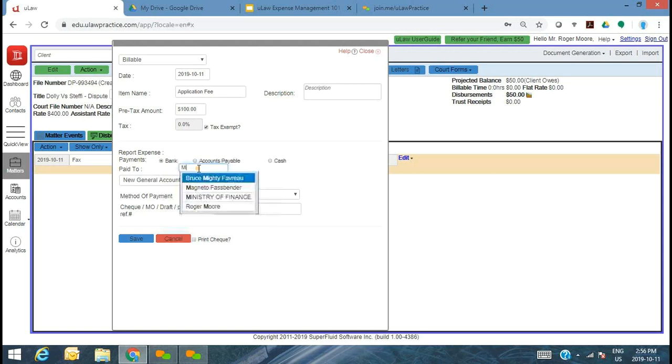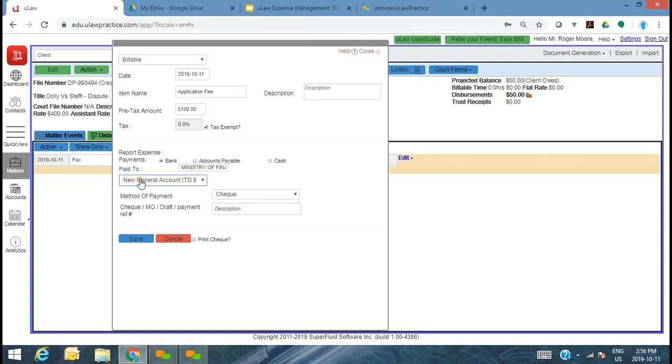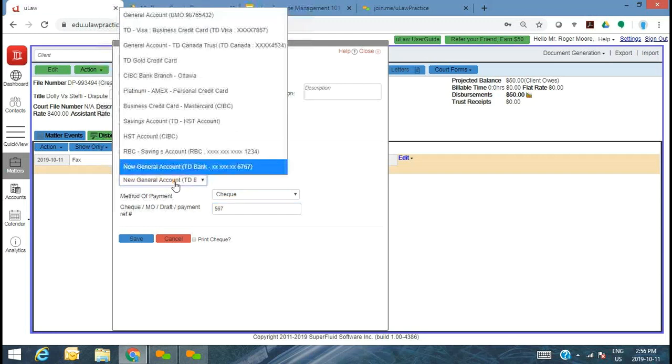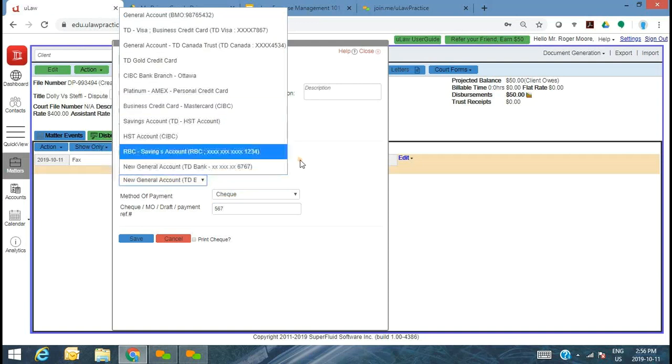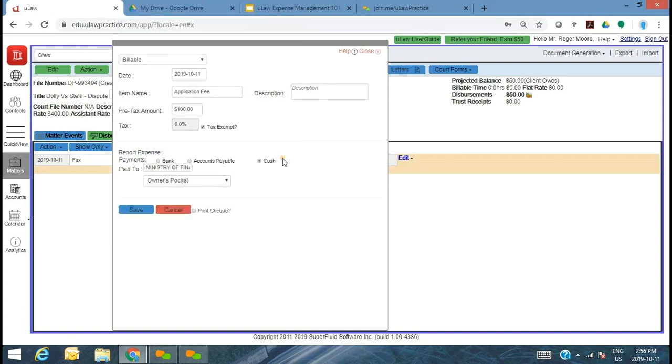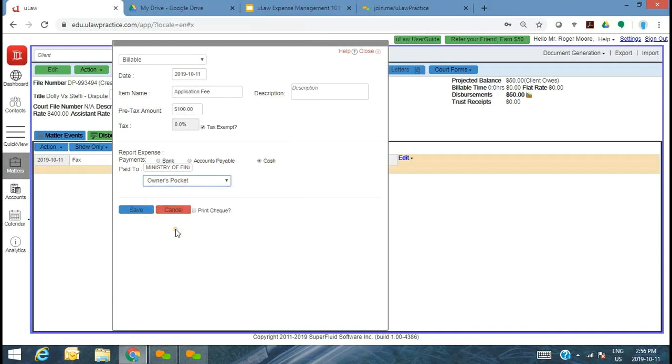So, paid to the Ministry of Finance. And the question is, what bank account did you use to pay for it? Did you write a check out of your general account? Or did you use your Amex personal credit card? Did you use a business credit card? Or if you used your own money, it could be tagged as an owner's pocket transaction.